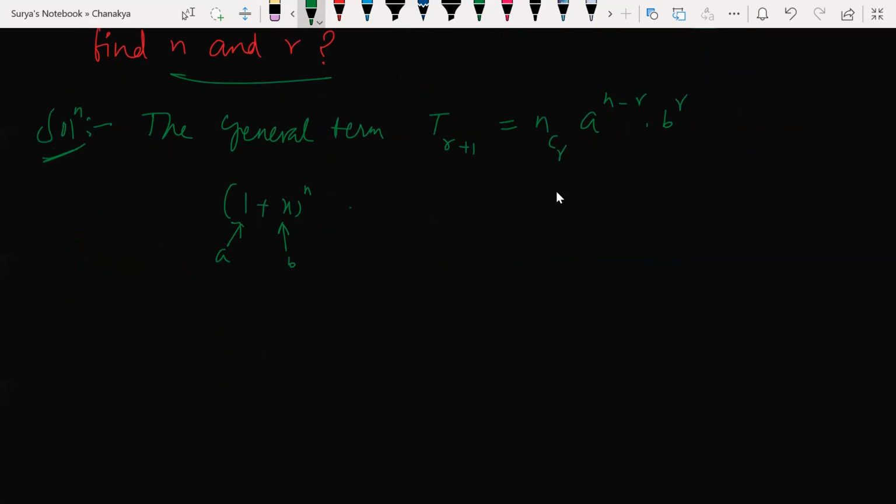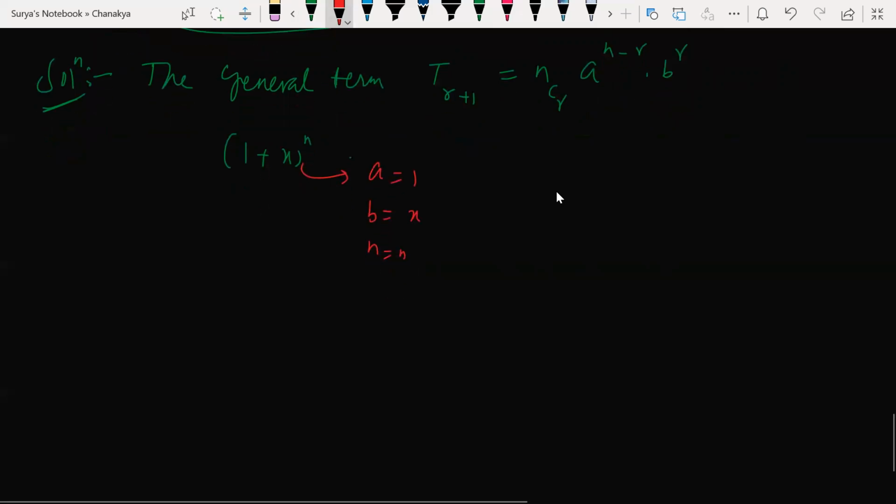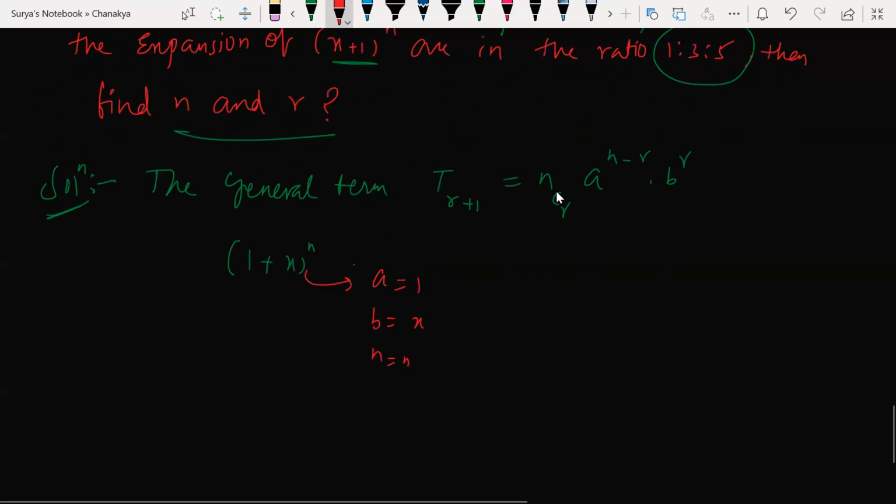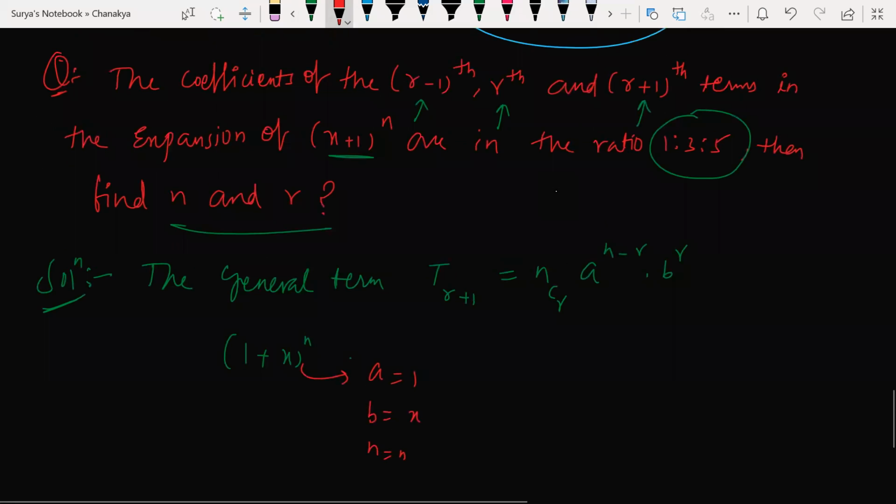Here n is n only. Here a is equal to 1, b is equal to x, n is equal to n only. Yes. So what has he given here? The coefficient of the rth term and this one and this one.